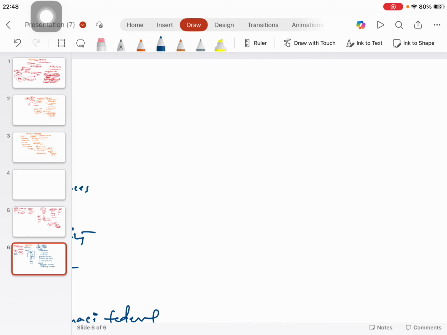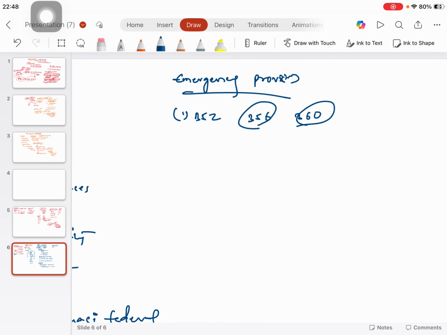Right. There are emergency provisions. Article 352, 356, 360.